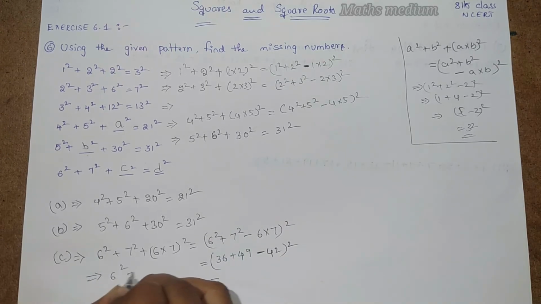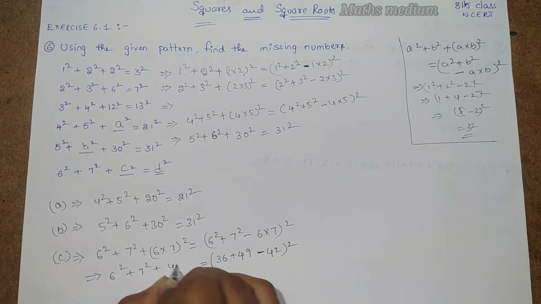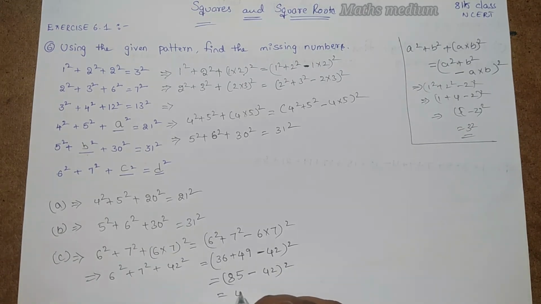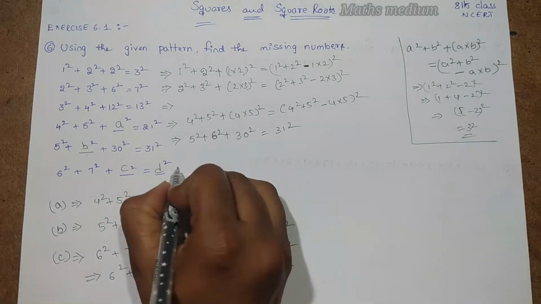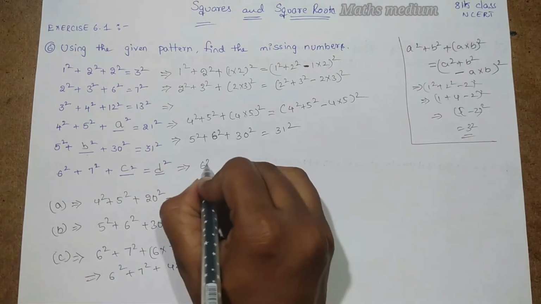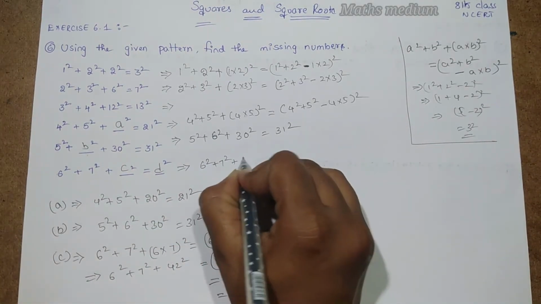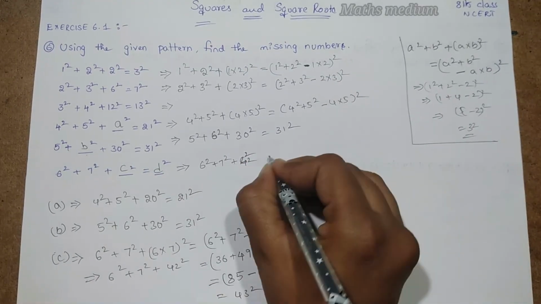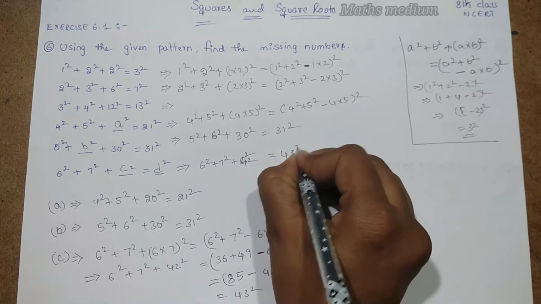This is 6 square plus 7 square plus 42 square. 36 plus 49 is 85, minus 42 whole square, so it is 43 square. It is the 6 square plus 7 square plus 42 square, which means 42 square is equal to 43 square.